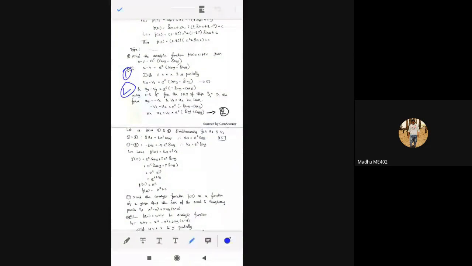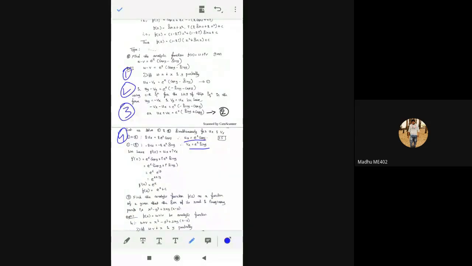Okay, I'll write the steps also. Here third step is we need to change this second equation, like uy minus vy to ux and vx. So we got here like that. Fourth step is we need to add and subtract to get ux and vx.